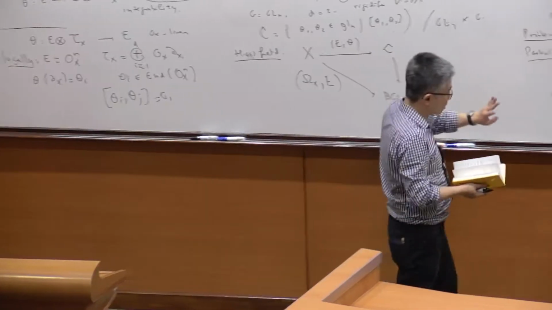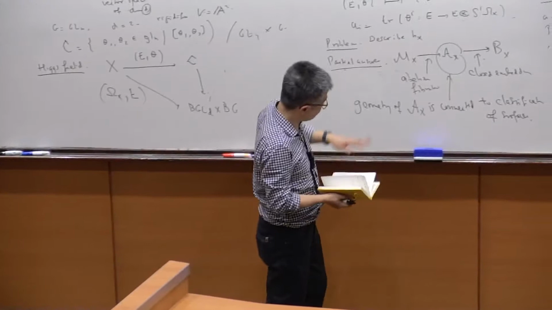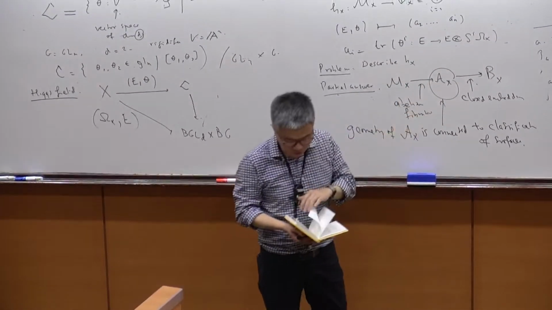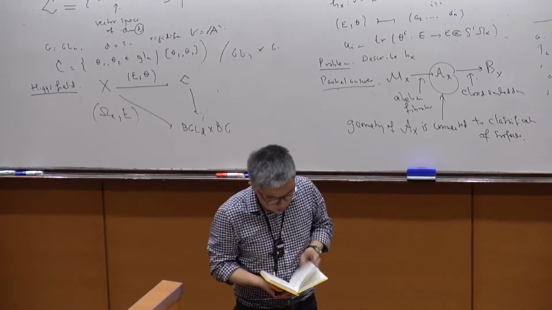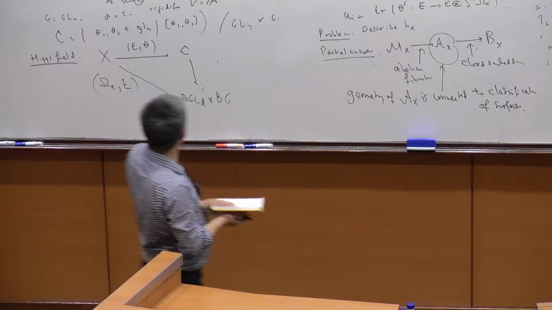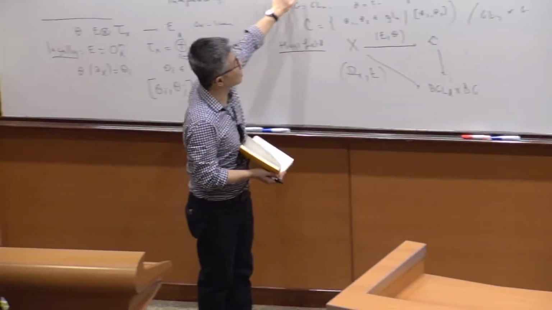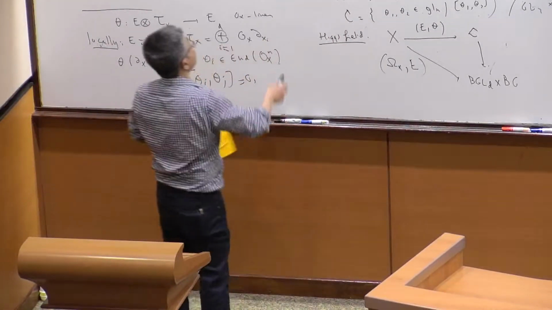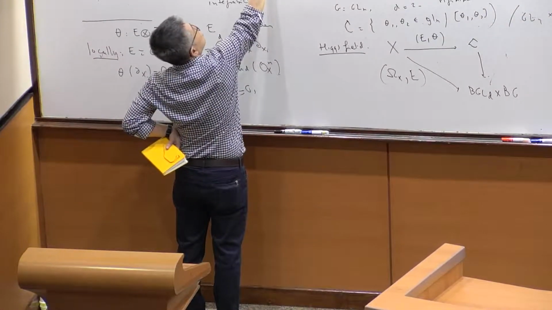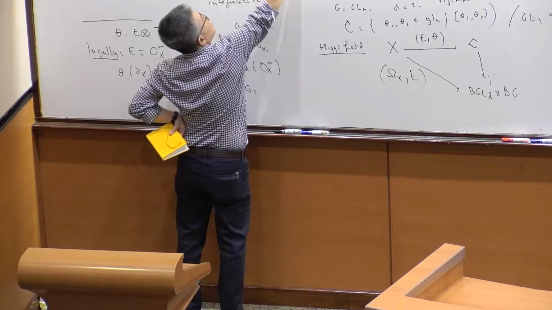But at least, let me continue on how we can define Ax and how we can prove this map is actually an abelian fibration. So for that, you have to come back to this, to understand. Remember, in the case of a curve, you have this map from G mod G to G mod G, right?